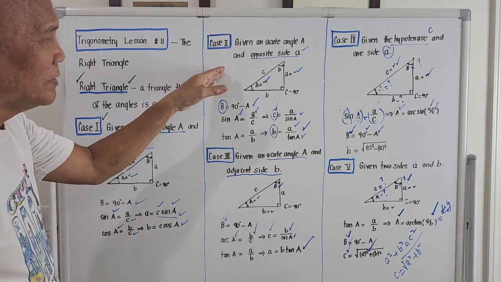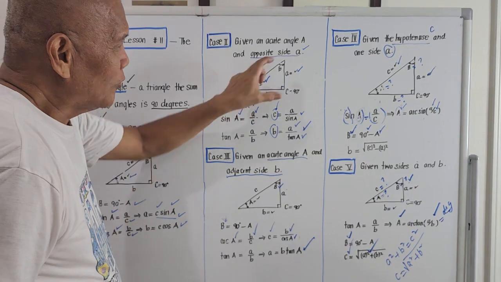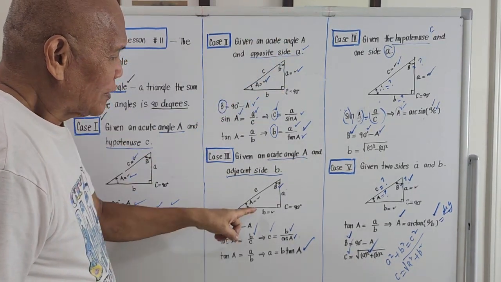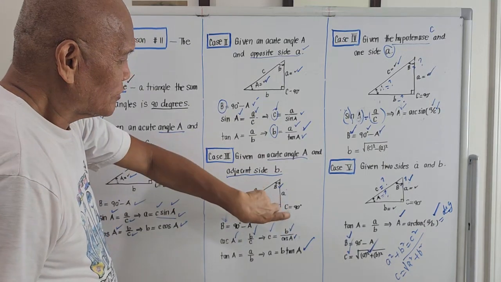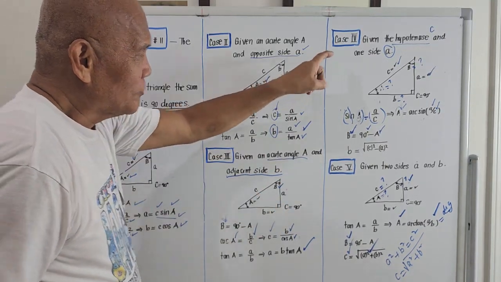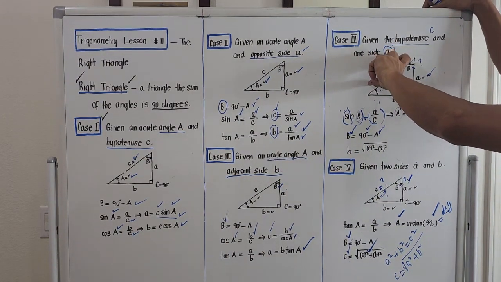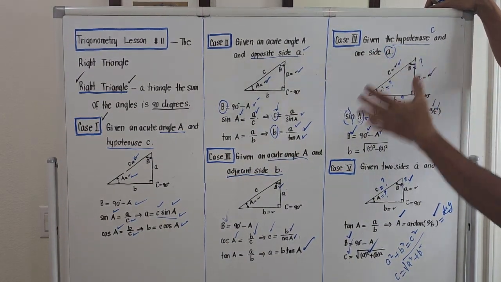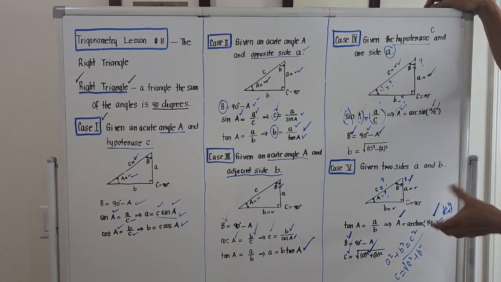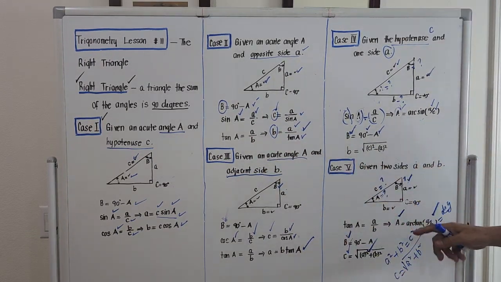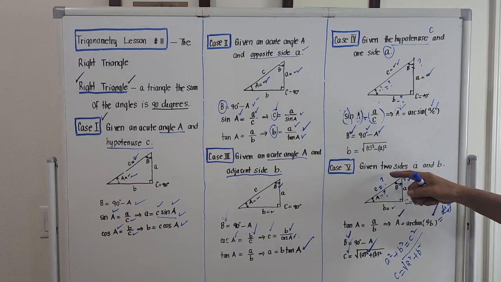Case number 2, we are given angle A and opposite side A. Case number 3, we are given angle A and adjacent side B. Case number 4, we are given the hypotenuse and side A. And case number 5, we are given the two sides, that is A and B. So what is being asked is angle A, angle B, and the hypotenuse.